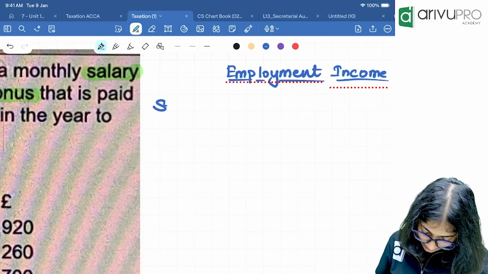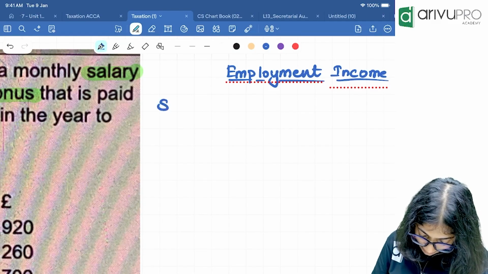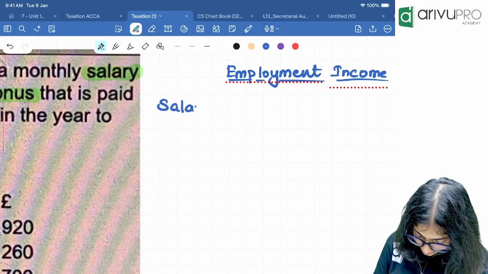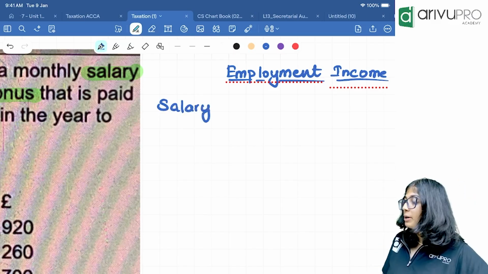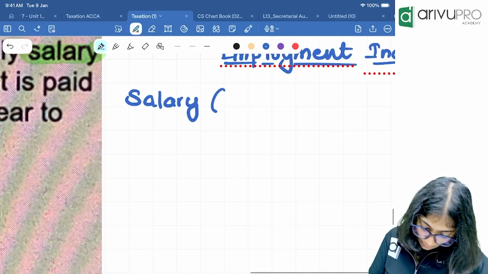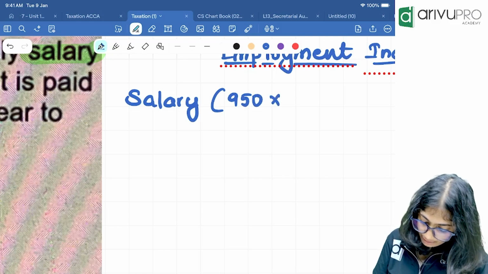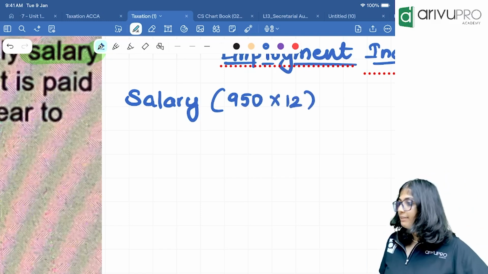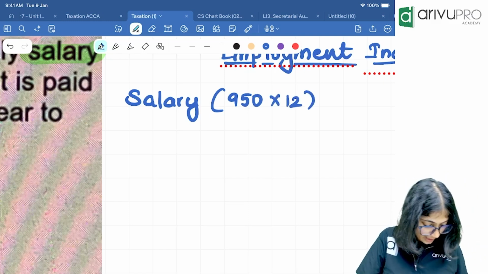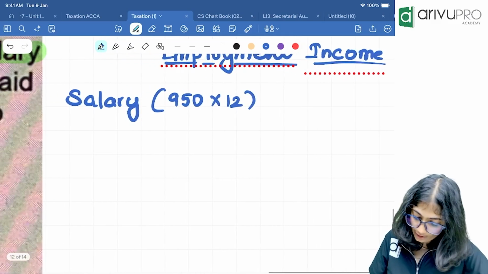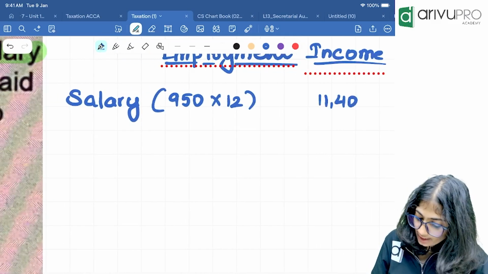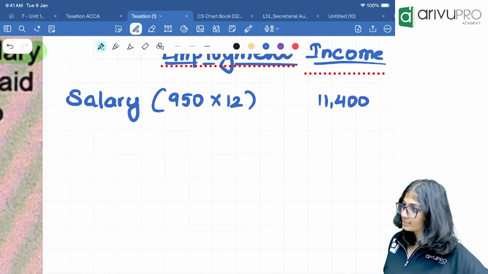They're getting a salary of £950 on a monthly basis. So for 1 year, how much is he getting? £950 into 12 months. 950 into 12, we got 11,400, his salary assessable to tax.